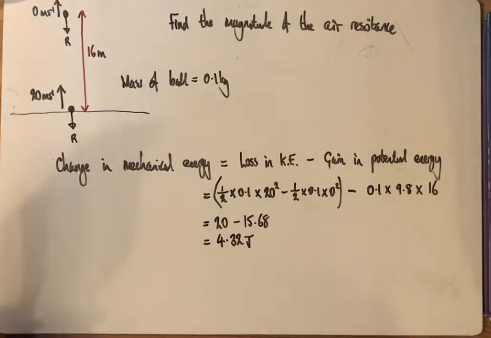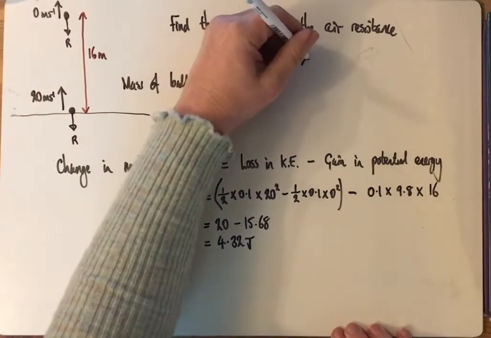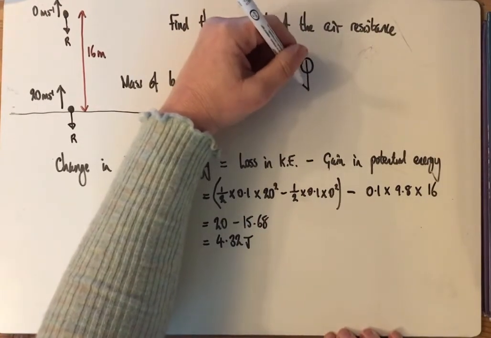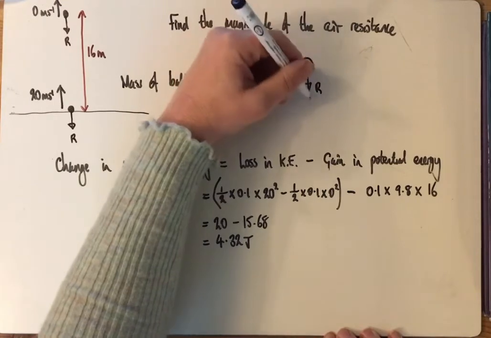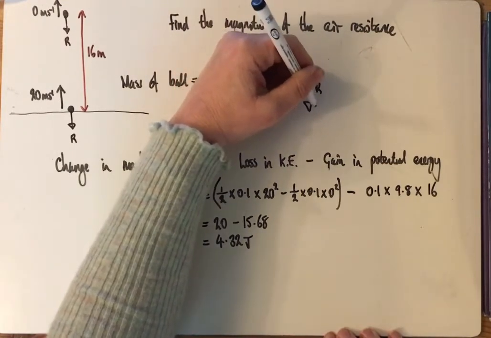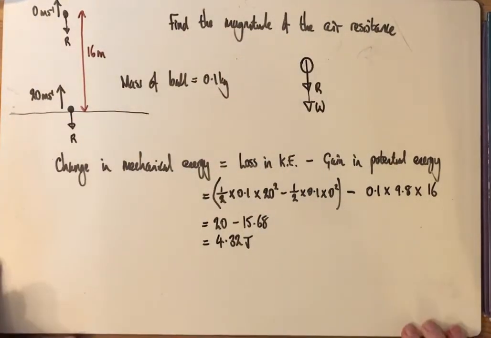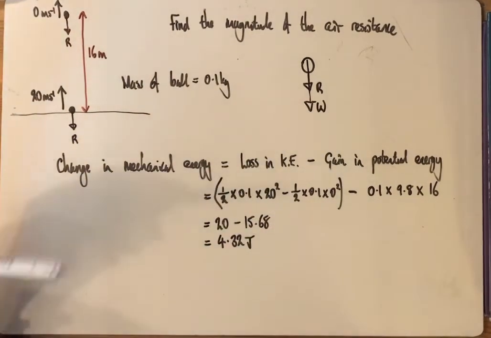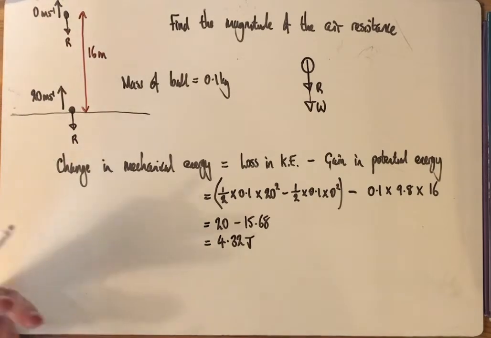One thing to note with these is if you think about the forces acting on this ball, we've got the resistance, which is slowing down motion, and we've also got the weight. But when you're working with energy problems, the weight is basically your work done against gravity, which is wrapped up in your potential energy.